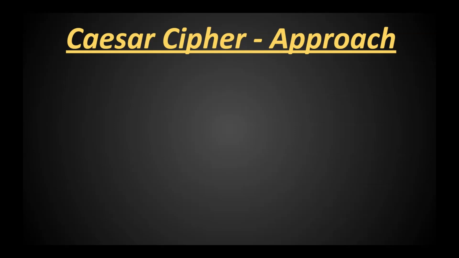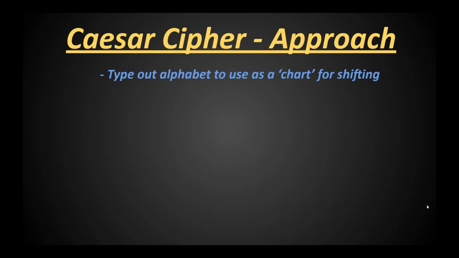Now I'm going to give you a few points on my approach to this project. First things first, I'm going to type out the alphabet to use as a chart for shifting. I'm going to put the entire alphabet sequentially into a string.